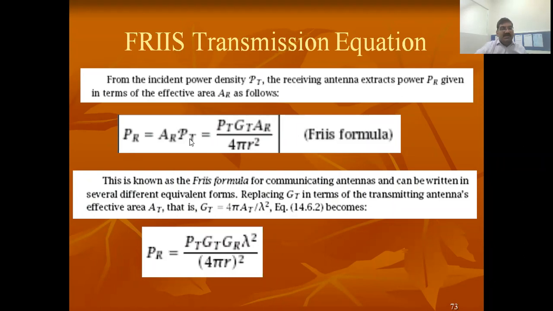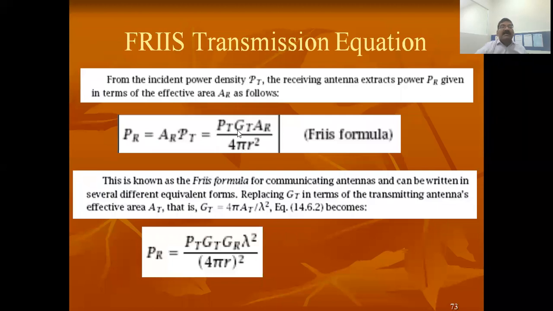So PR equals PT GT AR upon 4 pi r square. This is called the Friis formula. The power received by the receiving antenna depends on the power transmitted, the gain of the transmitting antenna, and the aperture of the receiving antenna, upon 4 pi r square.